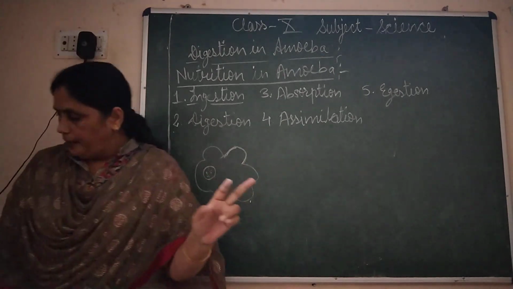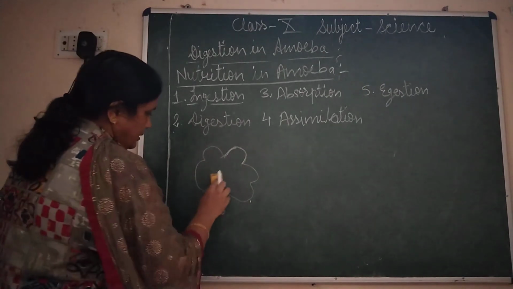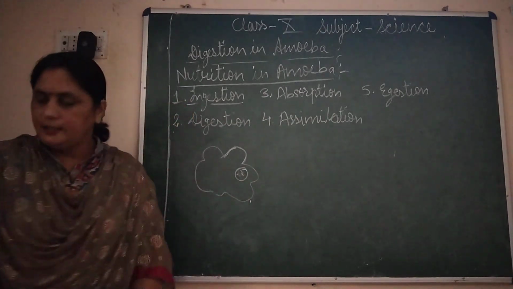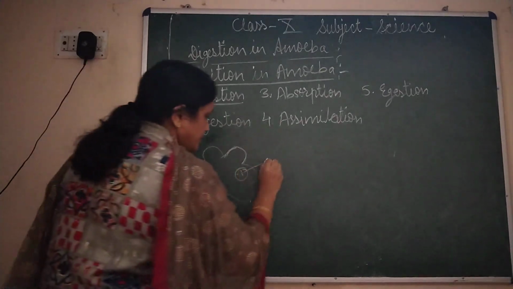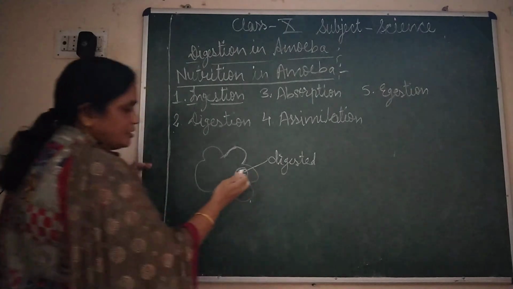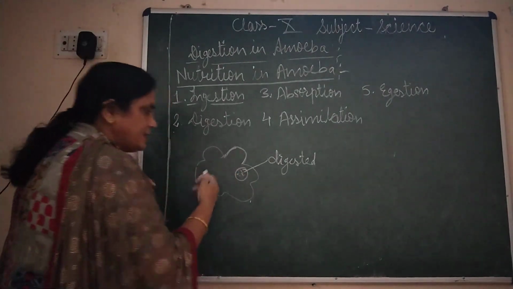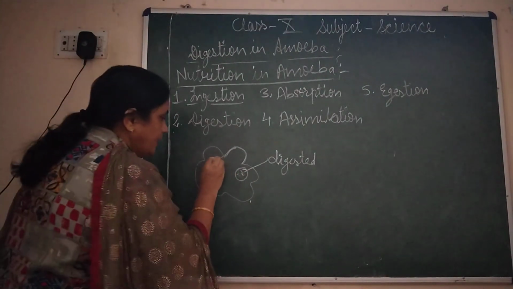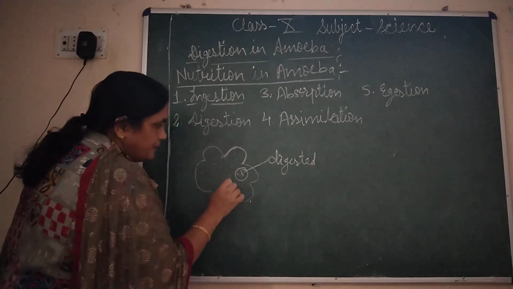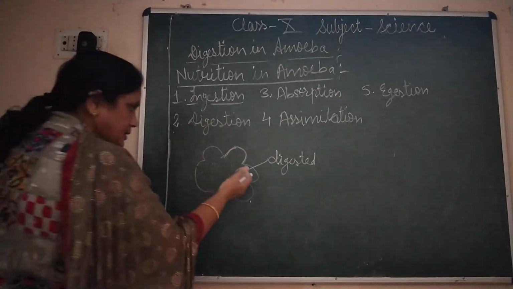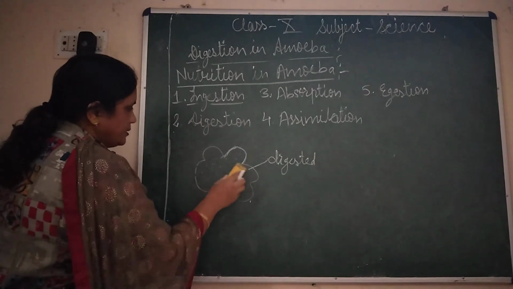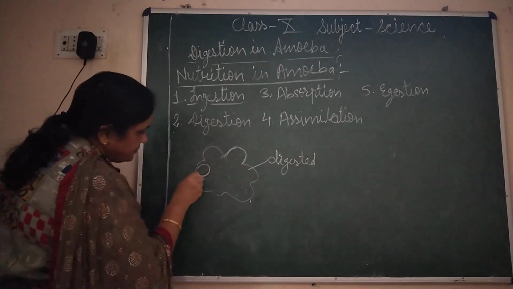The anterior part of this amoeba was here. So here is the food vacuole, carrying digested food in it. Now it starts moving in various directions. Wherever it moves, assimilation is also taking place simultaneously. The digested food is absorbed by its various parts. It keeps moving, and finally it reaches the posterior part.